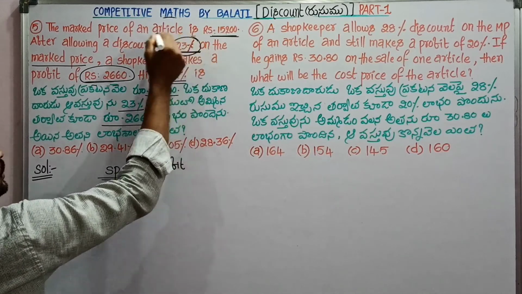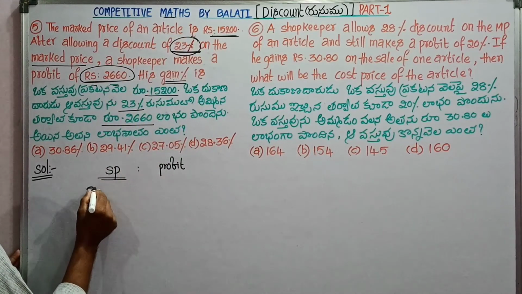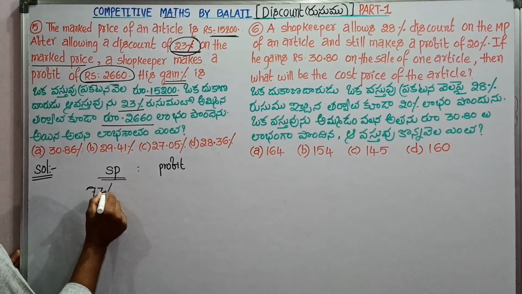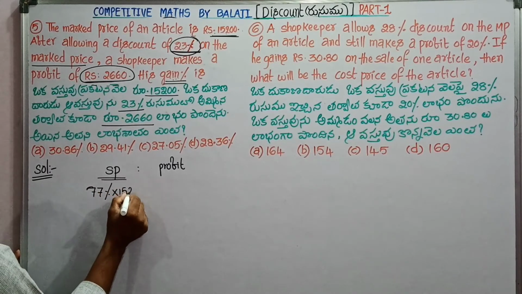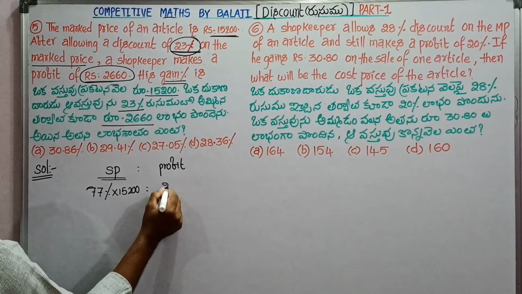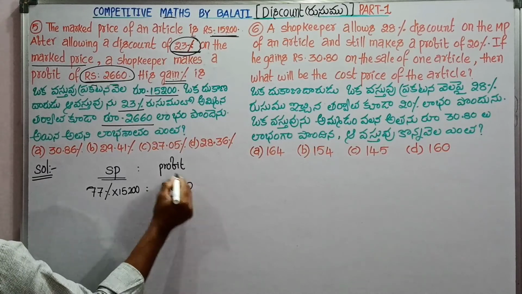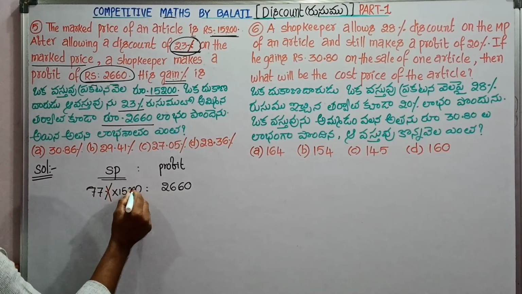Selling price is, since he allows 23% discount, 77% of market price. The ratio of selling price to profit is 77% of 15,200 to 2,660. The 2 zeros get cancelled.